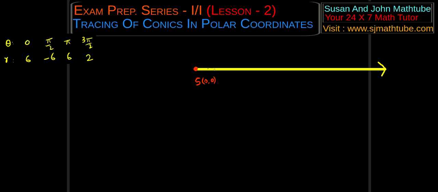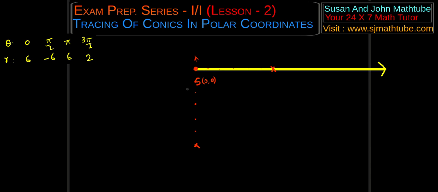So it will be somewhere 1, 2, 3, 4, 5, 6. I'll put a cross. And then 90 degrees, minus 6 units. Look at this. 90 degrees means this is the direction, but it is minus 6. So minus 1, minus 2, minus 3, minus 4, minus 5. So somewhere around here.